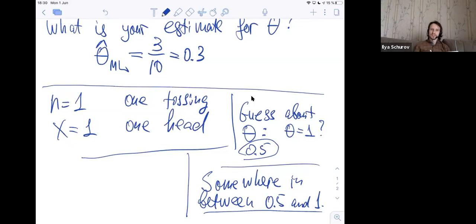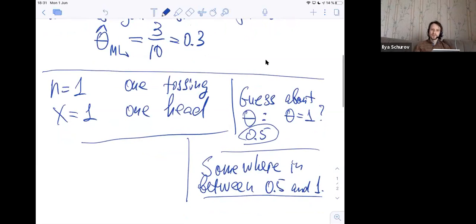Okay, but do you really believe that I created a special coin that looks like an ordinary 2 eurocent coin, just to show you this experiment? If you don't actually believe in it, why do you say that your best guess about theta is 1?